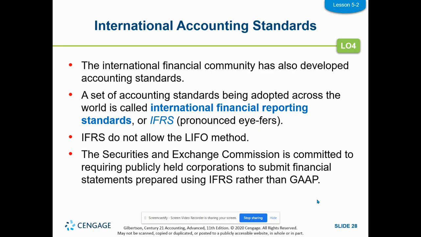And international financial reporting standards do not allow LIFO. I hope that makes sense. So if they're a US-only based corporation, they're not international, they could use LIFO if they wanted to. If they are an international corporation, LIFO is a no-go.